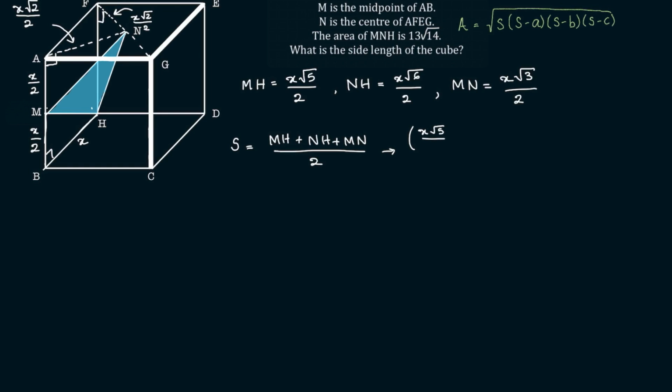MH is x root 5 over 2. NH is x root 6 over 2. And MN is x root 3 over 2. And this is all over 2.